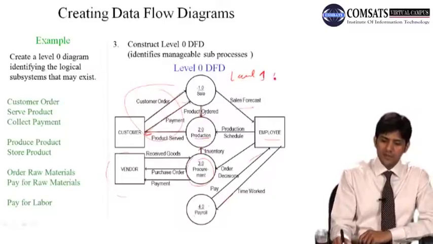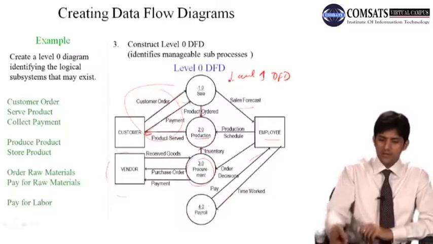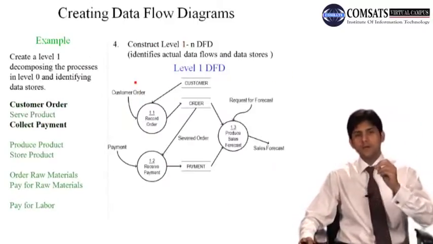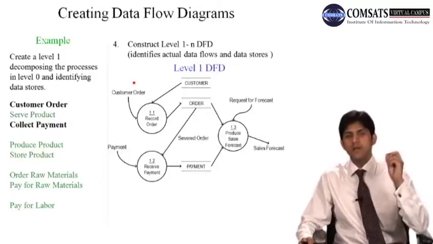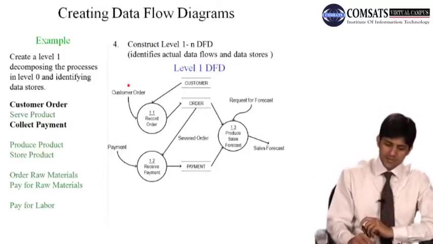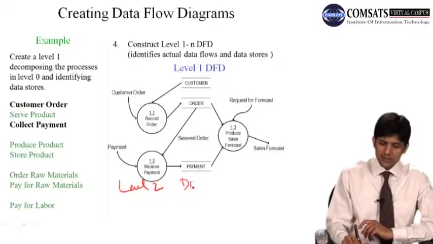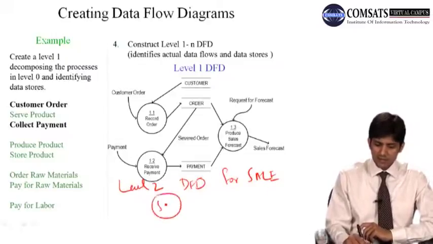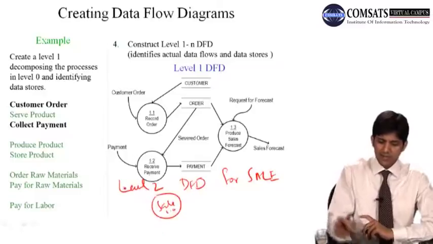level 1 DFD. Okay, this is what we have discussed, and this is level 1 DFD, and the further DFDs which decompose these processes that we have identified at level 1, these are level 2. So this is basically level 2 DFD for sale sub process, यानी कि जो हमारा sales वाला था, this is level 2 DFD for that.